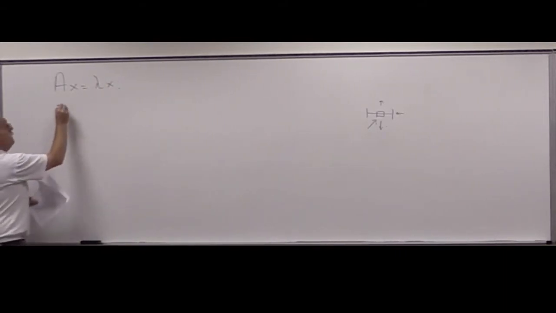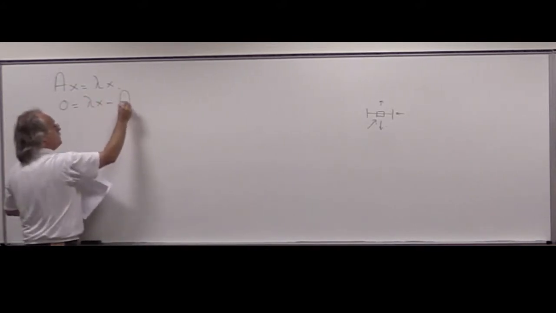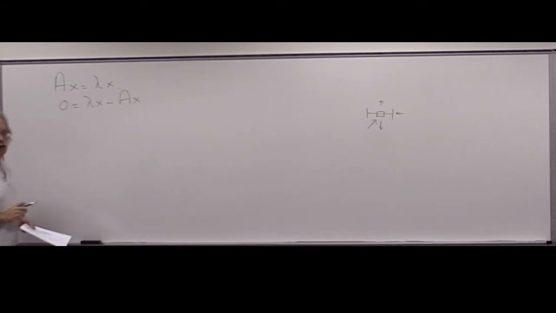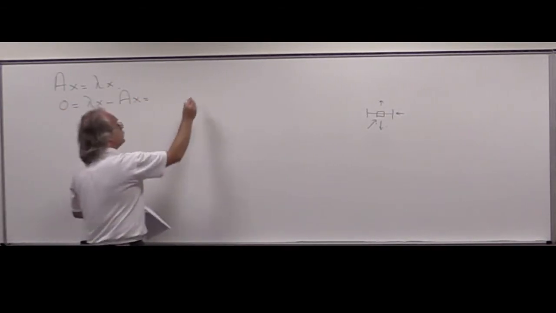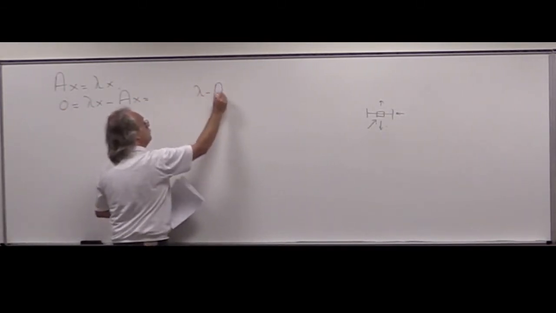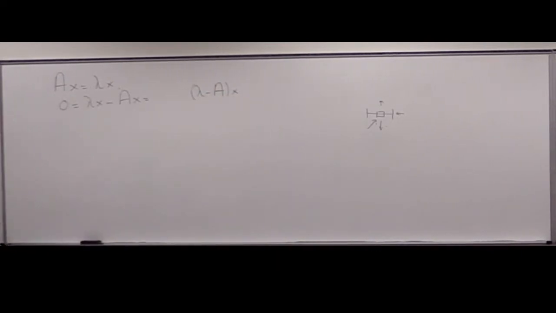We can therefore write this as 0 is equal to lambda x minus A times x. We could then factor out an x, except we don't know how to subtract a matrix from a scalar. Right, so that's what we would like to do, but what do we have to do in order to make that happen?